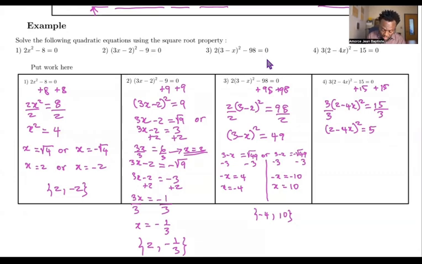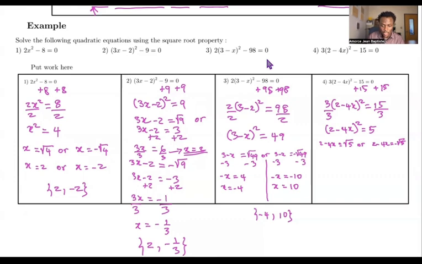And then apply the square root property. That is 2 minus 4x equals the square root of 5, or 2 minus 4x equals negative square root of 5, right?